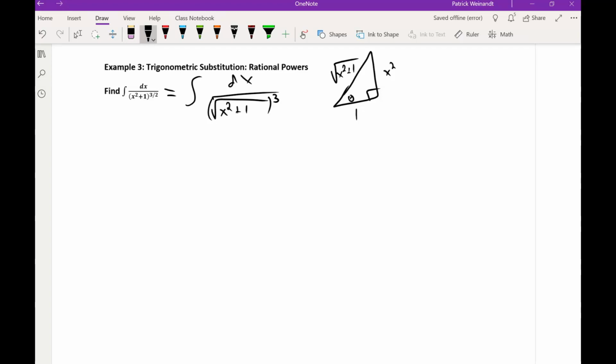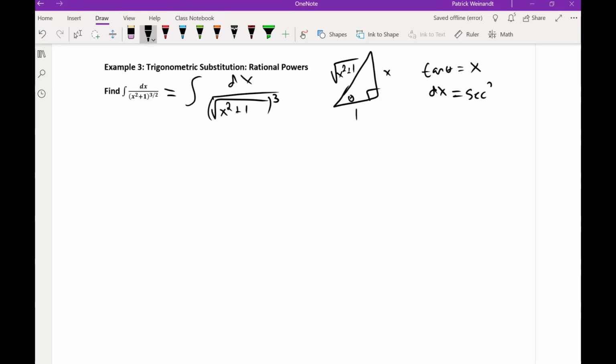All right, now if we're trying to involve these values, and whoops, this should just be x. My bad. That should be x. Now we're good. We want to involve this side with this side. Tangent of theta is the one that relates the opposite to adjacent. So tangent of theta is opposite over adjacent. x over 1 is just x. So x is tangent theta. dx then is, well, the derivative of tangent is secant squared.